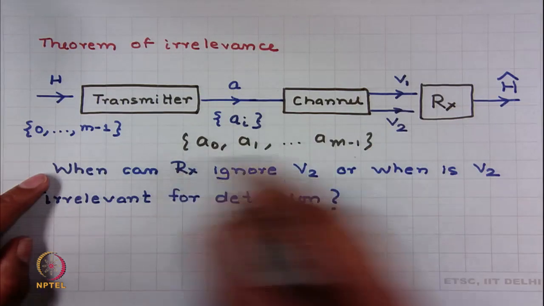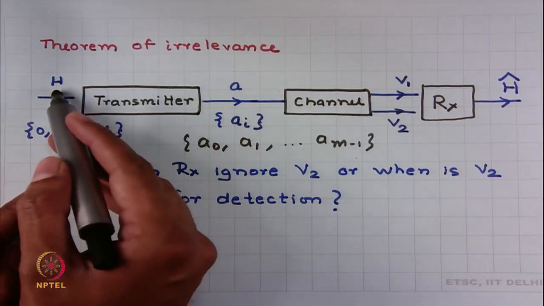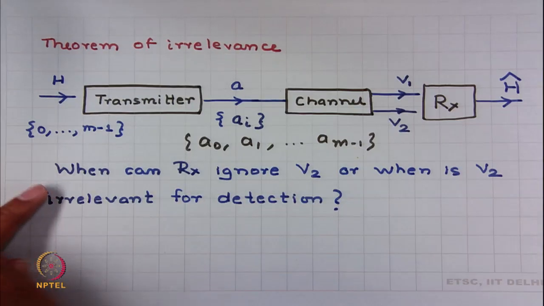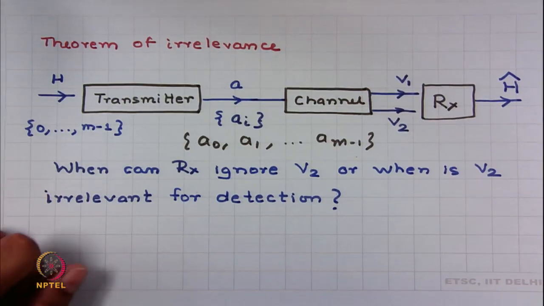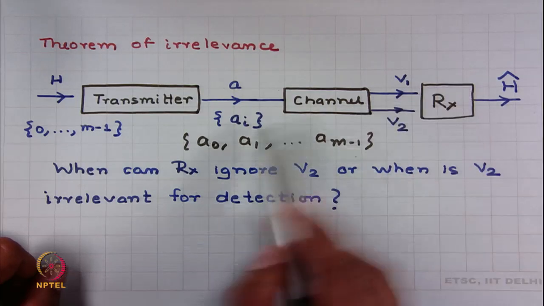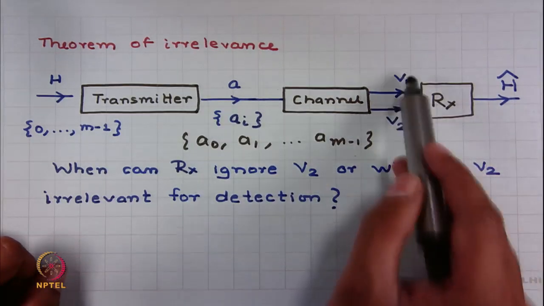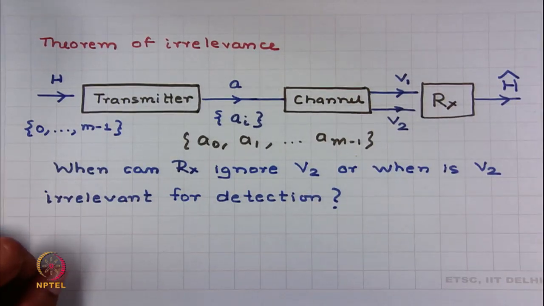So, I am having M quantized numbers, and whenever I try to transmit a hypothesis, I may transmit one of the numbers or one of the vectors, it does not matter. Dealing with numbers or dealing with vectors is not at all different. Then I pass this through a channel, and the channel offers to this receiver two random variables V1 and V2, and based on looking at these two random variables, the receiver has to predict the hypothesis.